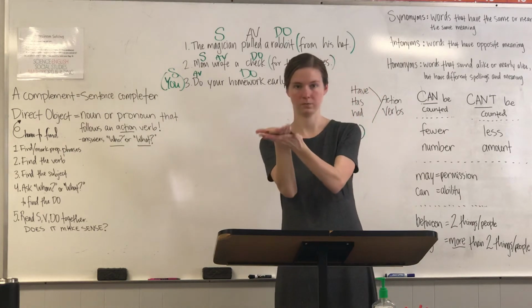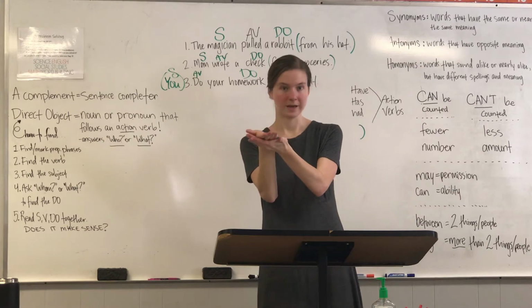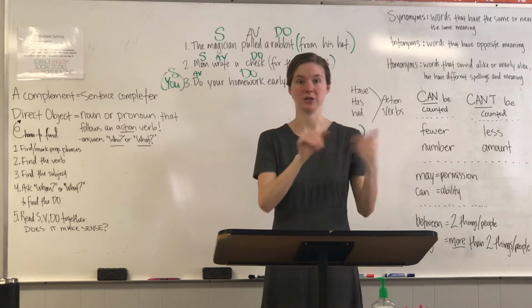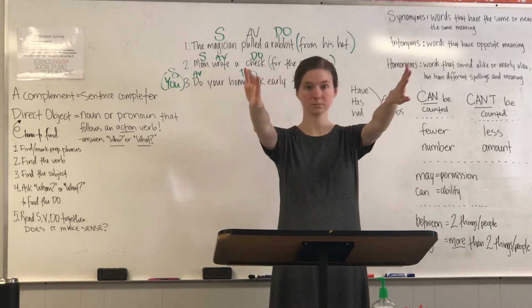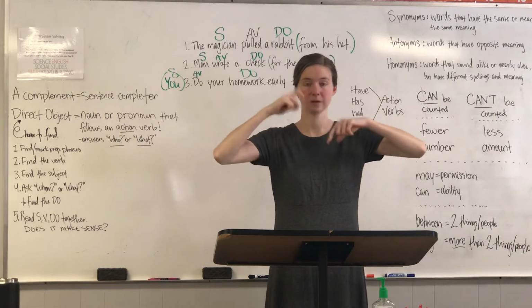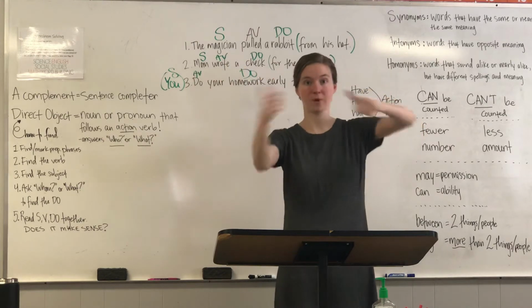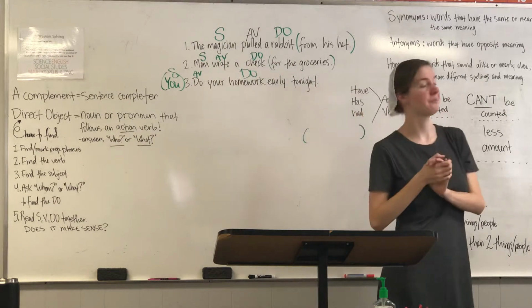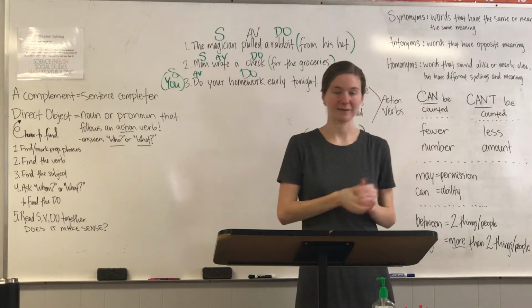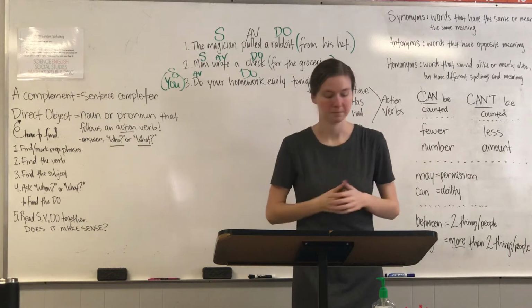And who? It cannot be I, you, he, she, it, we, they. Those are subjective case pronouns. They're used as subjects. It must be either me, you, him, her, it, us, or them. So your correct answer would be, underline me.